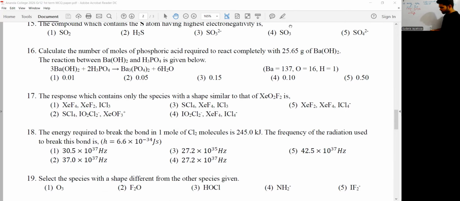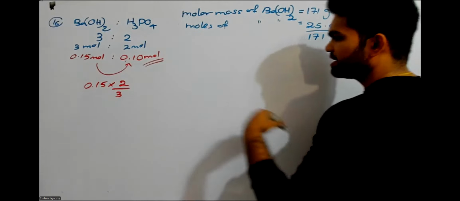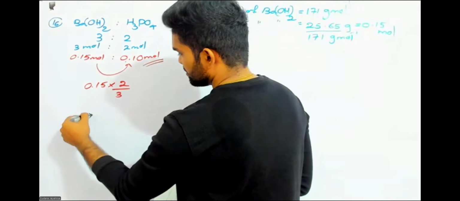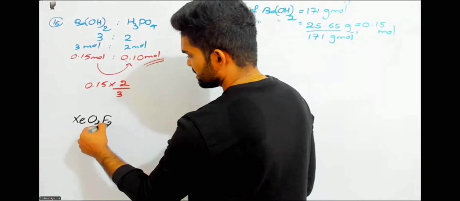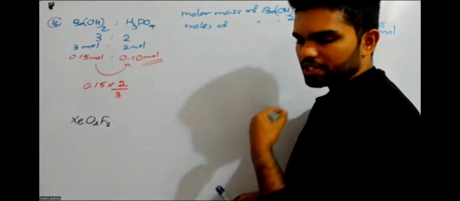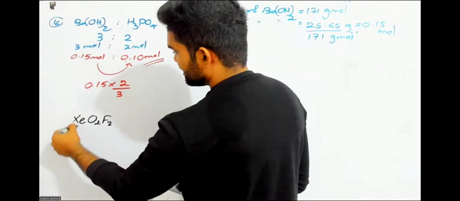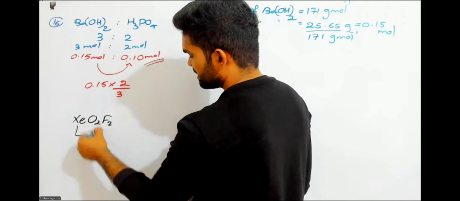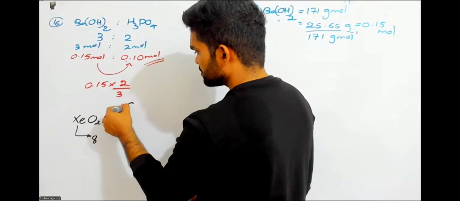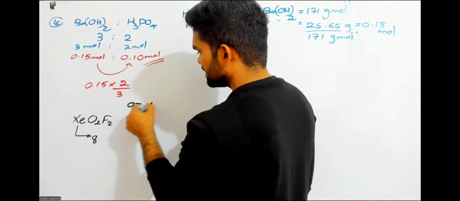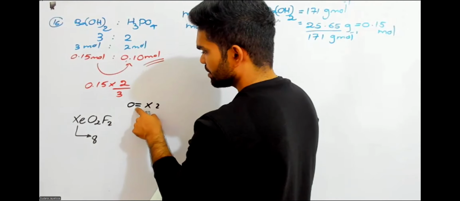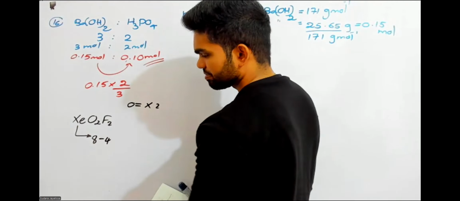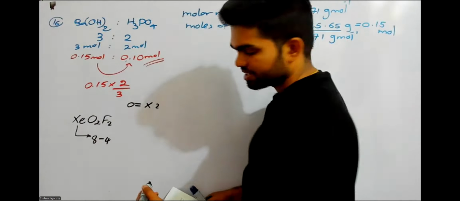I'm not going to use the Lewis method here. Let's see the shorter method. You have 8 valence electrons with xenon, and there's no charge. Both oxygen atoms are making double bonds, so you subtract 4 electrons for 2 double bonds with oxygen.